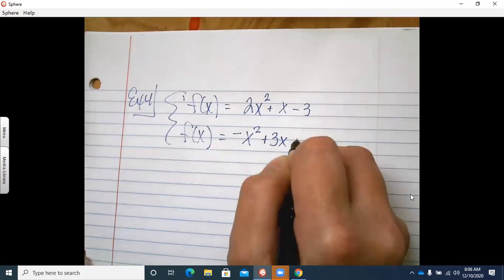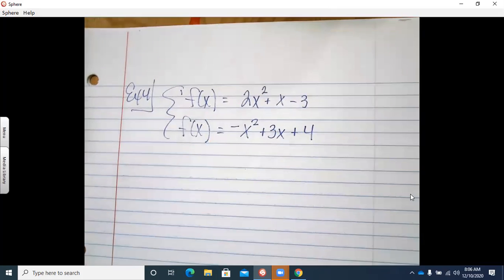Like I said, I'm totally making that up. So hopefully it's not too crazy. They should intersect, so I don't think it's too crazy.